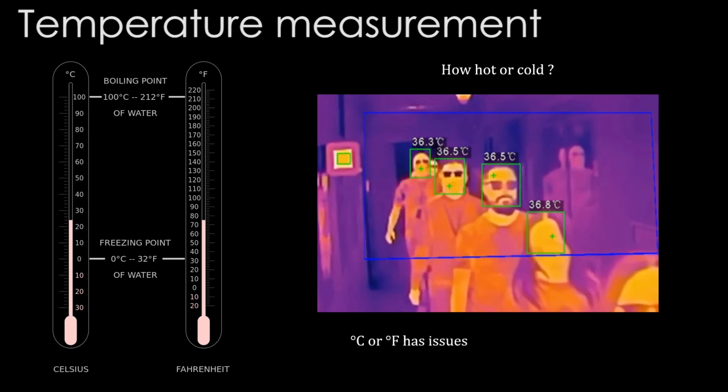For example, mercury is the substance used. Why not something else? In degree Celsius scale, the reference points for 0 and 100 degrees are the freezing point and boiling point of water respectively. But these points change under different conditions. For example, the boiling point of water is different on top of a mountain where the pressure is less. So we need a more standard temperature scale.